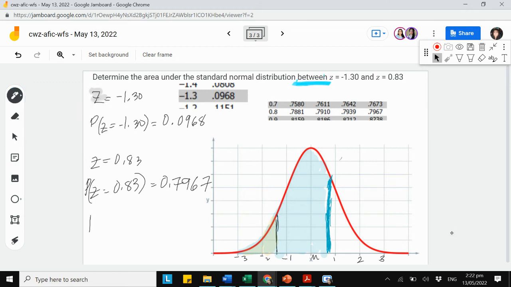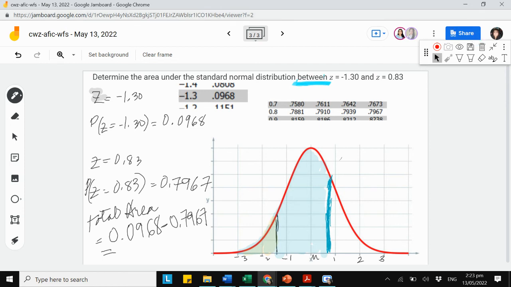So, sulat ngayon tayo. So, total area now is equal to, okay, so ito, 0.0968 minus 0.7967. Ano ngayon ang sagot natin dito, guys?